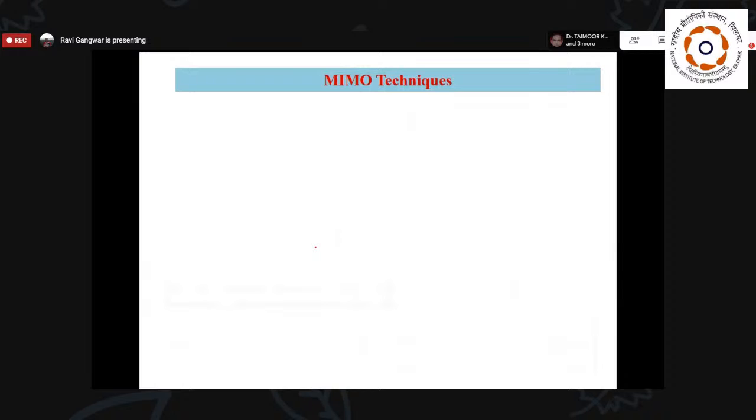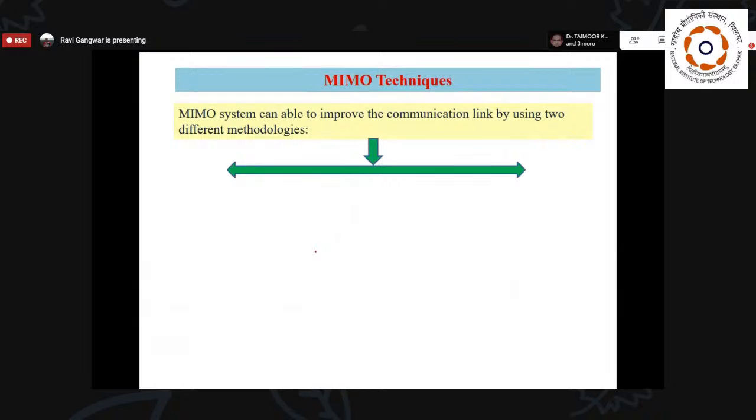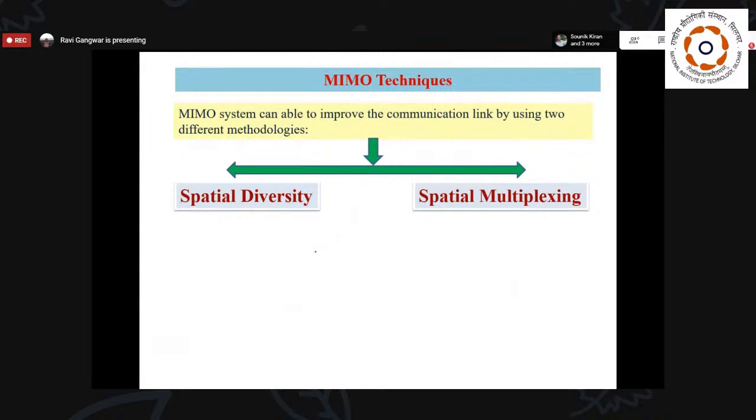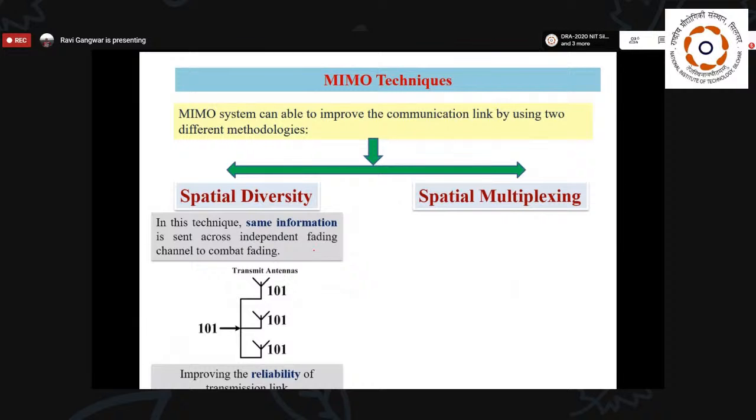Now, if we go for MIMO techniques, we have 2 different methodologies by which we can improve the communication links. The first one is spatial diversity. The second one is spatial multiplexing. In spatial diversity, the same information is sent across independent fading channels to combat the fading. What does it mean?